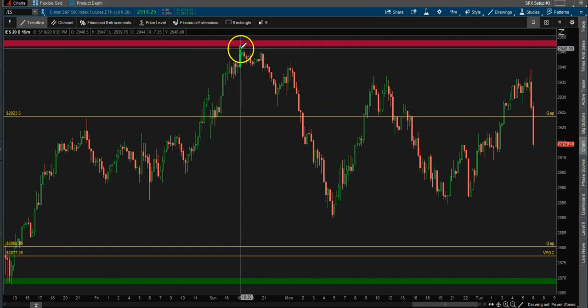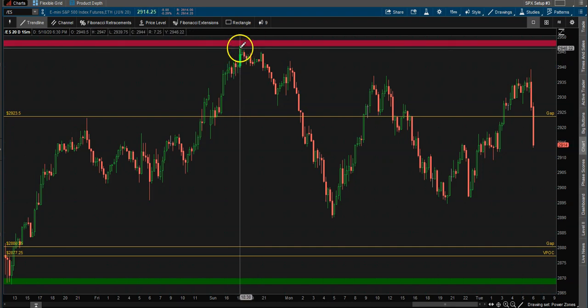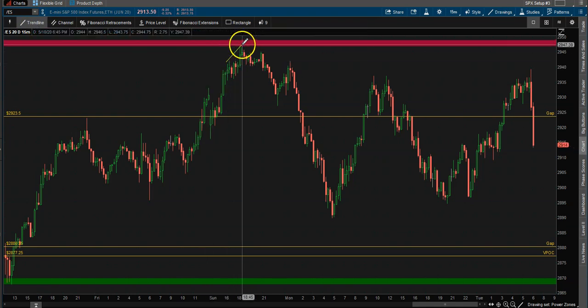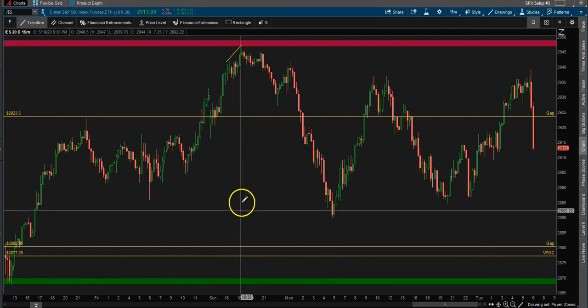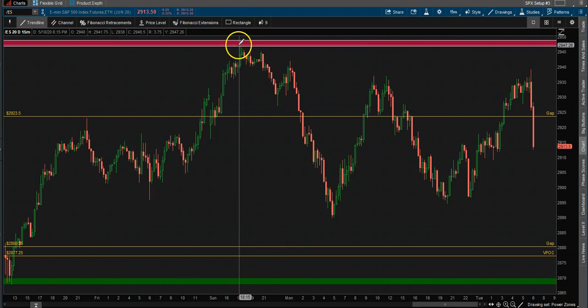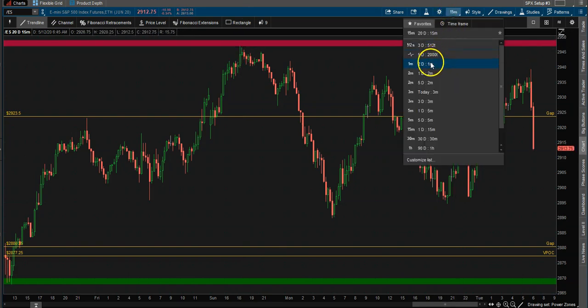I'll look for this. Maybe I'll use a stochastic on a smaller time frame, a 1 minute. Is there divergence up at this level that I can lean against, as we're coming up? Maybe there might be a stochastic divergence here, a lower high while we're making a higher high right into the zone, again on a 1 minute chart.